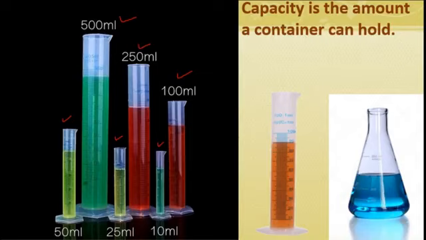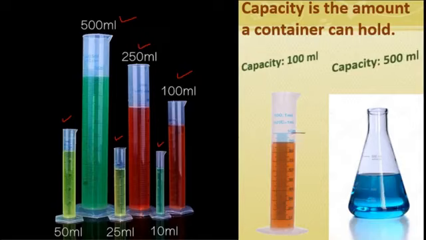Now see the capacity of the measuring cylinder, we can read here, that is 100 ml. Capacity is 100 ml. Capacity of the flask is 500 ml. You can see here, this is 100 ml maximum capacity and this is 500 ml. Can you see here 500 ml? That is the capacity.